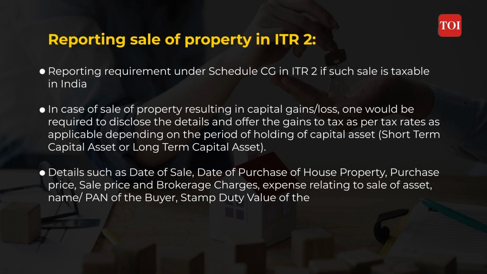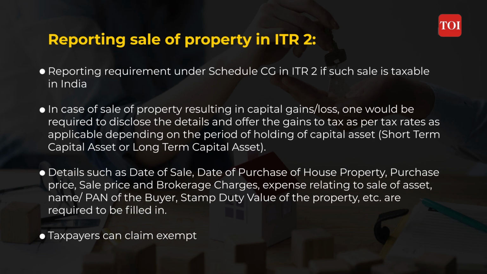Details like date of sale, date of purchase of the house property, the purchase price that you've paid, the sales price, brokerage charges, and various other details have to be disclosed in those relevant schedules, including the name and the permanent account number of the seller, and the stamp duty value of the property. Everything is required to be filled in.